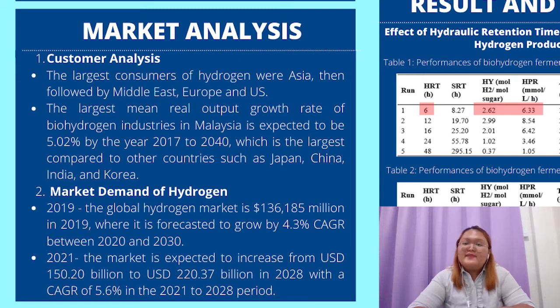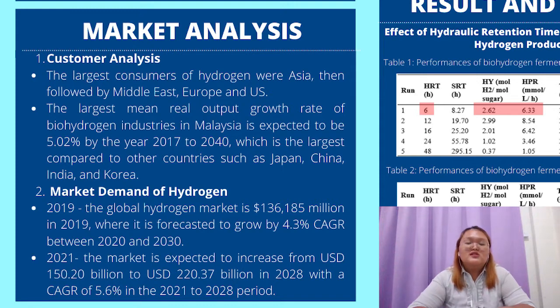The second aspect is the market demand of hydrogen. In 2019, the global hydrogen market accounted for $136.185 million, and the market is forecasted to grow by 4.3% CAGR between 2020 and 2030. However, due to the COVID-19 pandemic, hydrogen production faced negative demand shocks worldwide.